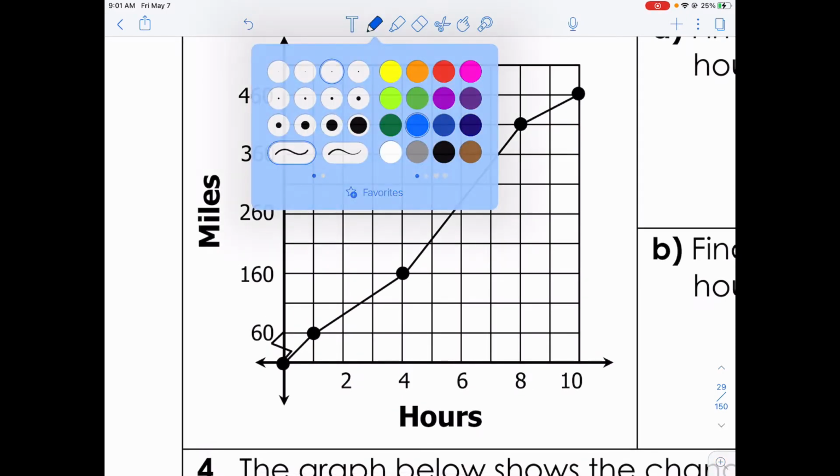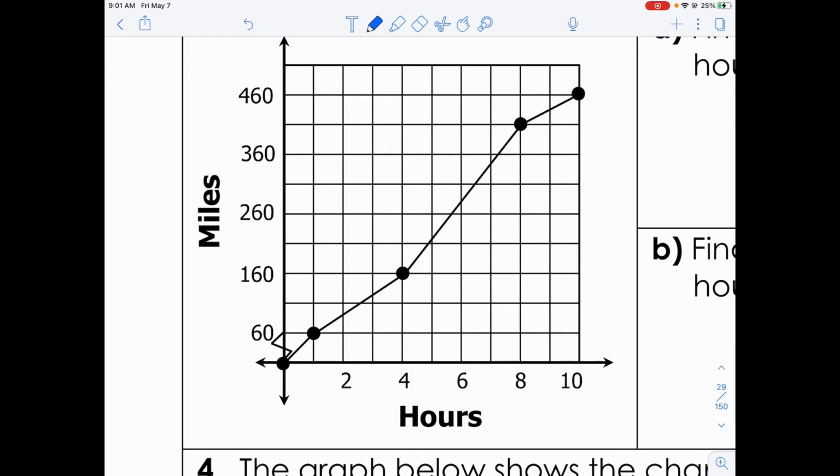So we'll start with this first one. This ordered pair is at 160. My second ordered pair is at 160. My next ordered pair is at 8. And then this one is falling between two of the lines, so you have to figure out what that would be.